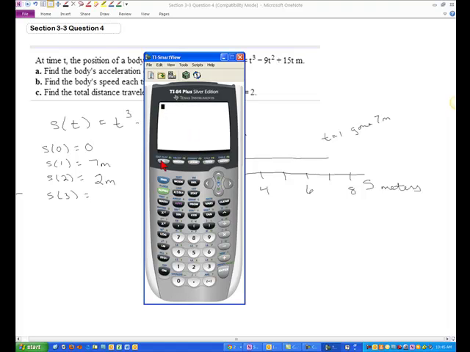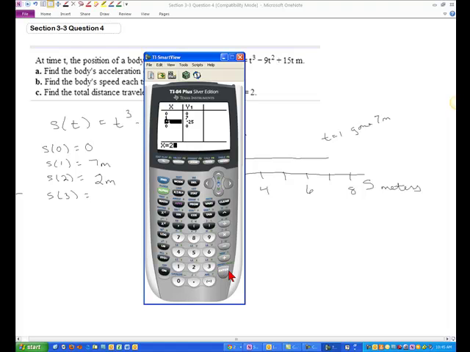We'll go into y equals, and if we put the function in, we go to the table and we just put in 0, 1, let's see if I got that one right.